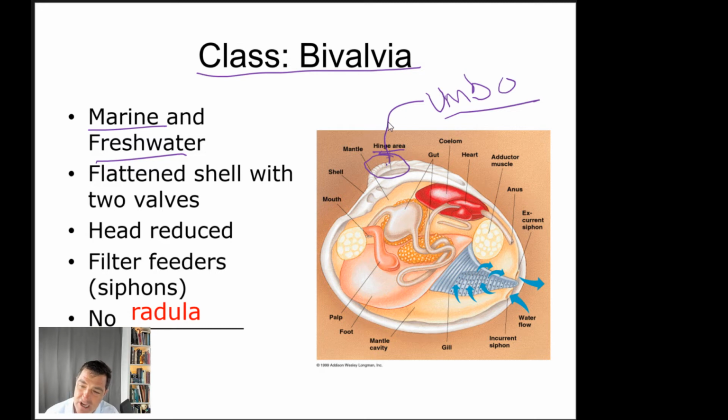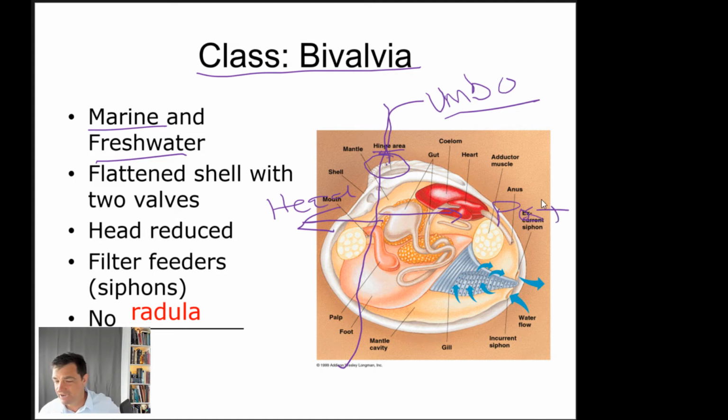So what happens in a clam, which is a bilateral organism, if I were to draw a line like this, this part is the head. And then this is posterior, or the back of the animal.